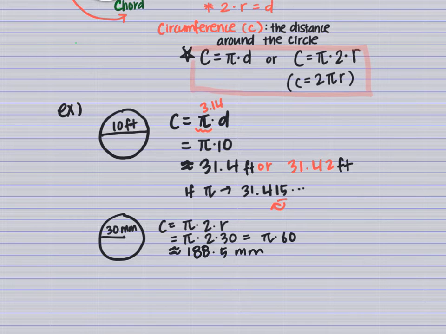Okay, so should I write that down? I'm going to write that down. Or you do 3.14 times 60, it's going to be 188.4 millimeters. So you have two options that you can work with. Either way is okay.